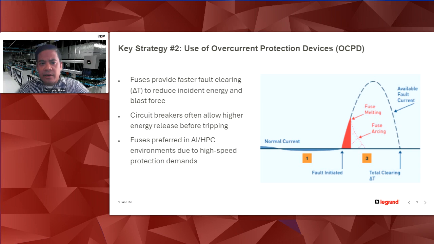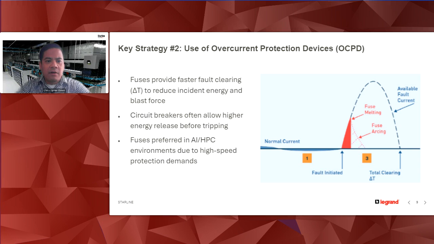When that does happen, a user can go out and simply reset the breaker to allow for normal operation again. In recent years, we've seen this migration to fuses, and there are a couple of reasons why. One of the main reasons is that the clearing time for fuses we've observed to be relatively faster than circuit breakers.